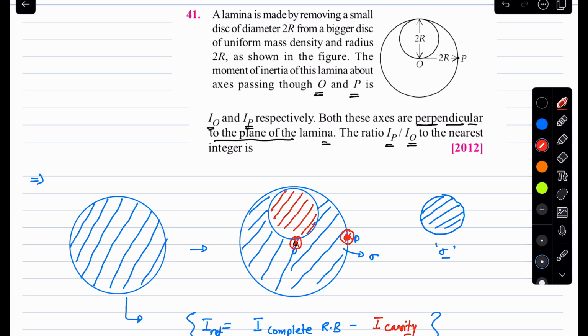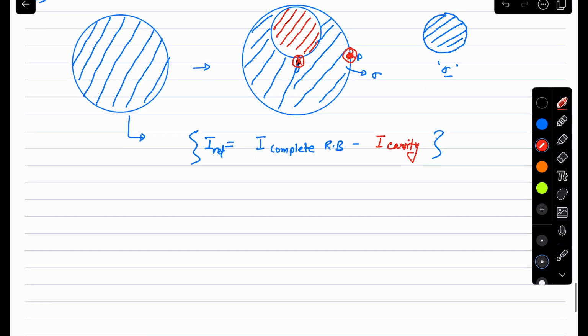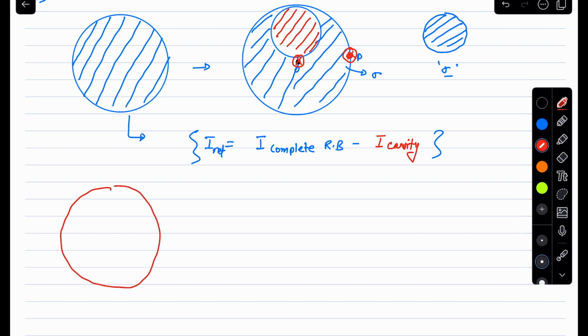Okay, all right, so let us find out the moment of inertia of this complete lamina from which we have removed the mass, right? First we are finding out the moment of inertia of this complete body.